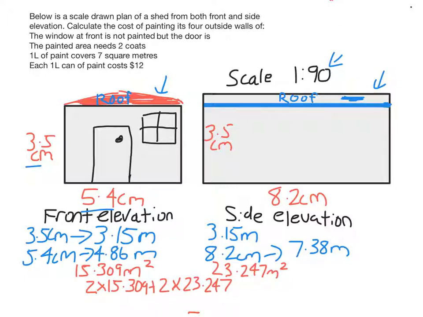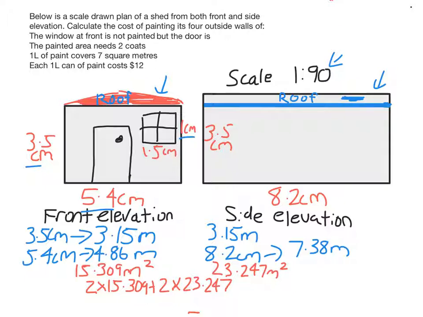Now, again, you'll need to measure this in your textbook when you're doing questions, but I'm just going to give you the dimensions now. So this window is 1.5 centimeters by 1 centimeter. So the area of this window, I need to again convert them into meters. Everything else is in meters.